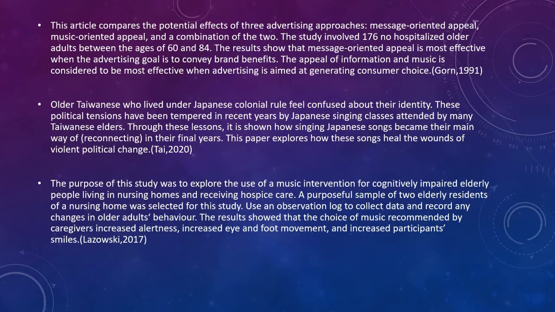Through these lessons, it shows how singing Japanese songs became their main way of reconnecting in their final years. This paper explores how these songs heal the wounds of political choice.